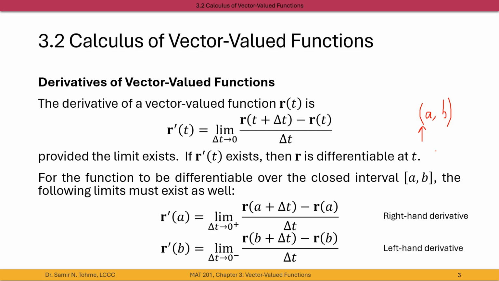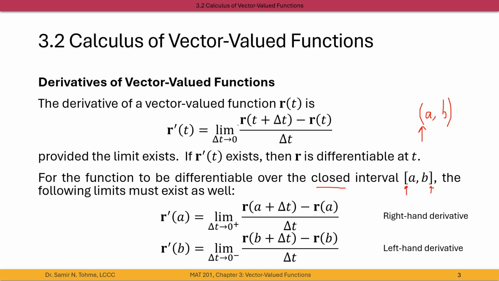If the vector function is differentiable between a and b, this means it is differentiable over all the points between a and b, excluding a and b. If the function is differentiable over a closed interval a and b, now we're using square brackets to indicate that a and b are included.